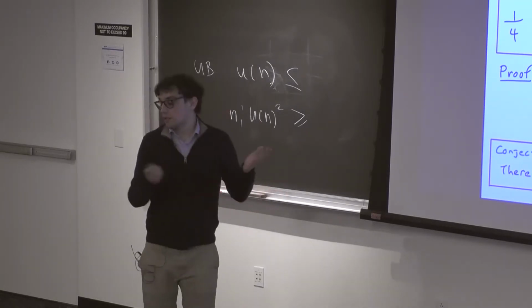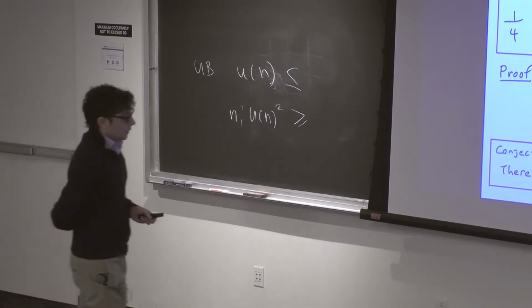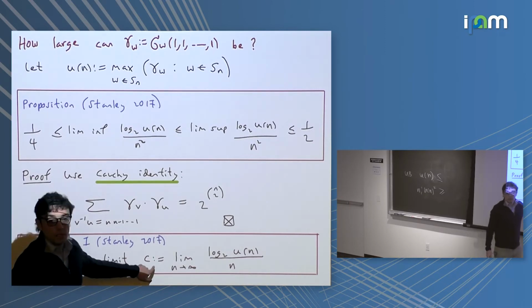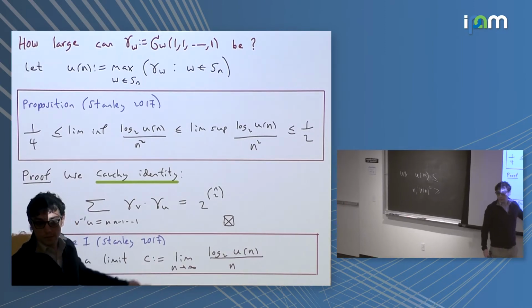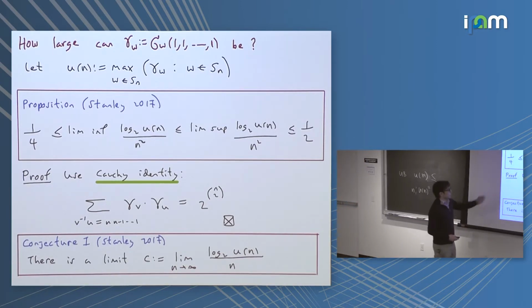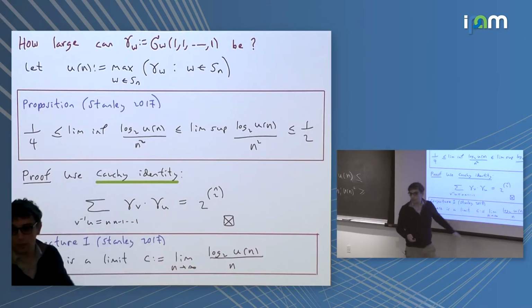Okay, but the proof is non-constructive. Right? It's just saying you're summing over this. And then the sentence right after says that Stanley said there's probably a limit of this as n goes to infinity. So it's not clear that this goes to a limit as n goes to infinity, but that's the conjecture.